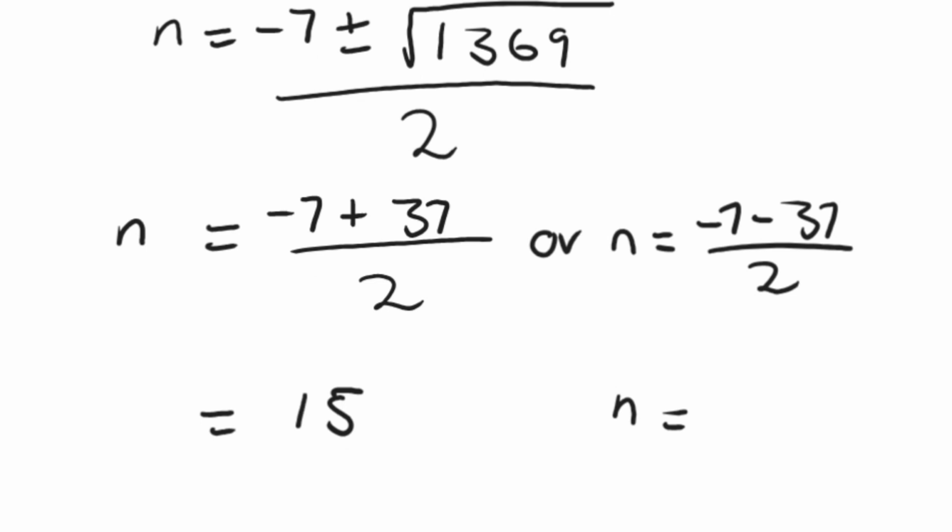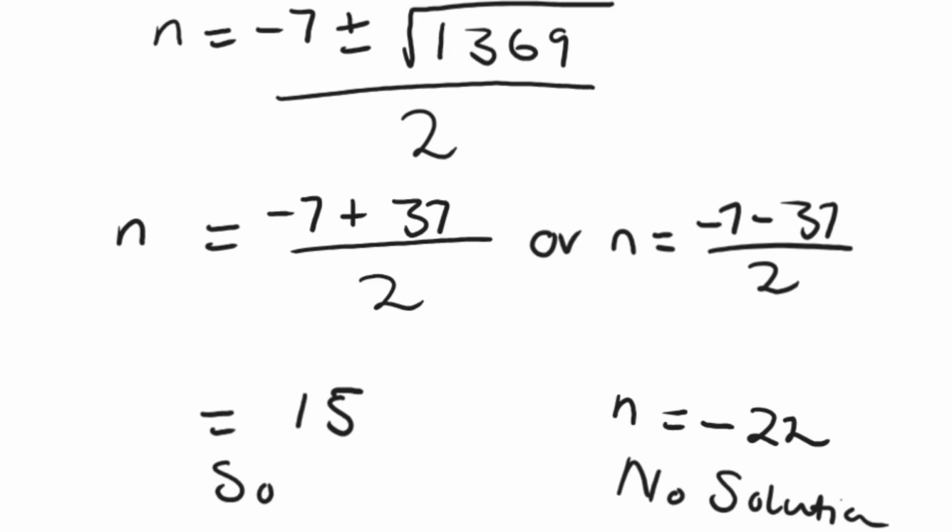Divide by 2, we get negative 22. Remember, our n cannot be negative, so for this one we write no solution. This one is indeed our solution. Okay, now those are the answers to this question. Let's look at the next question.